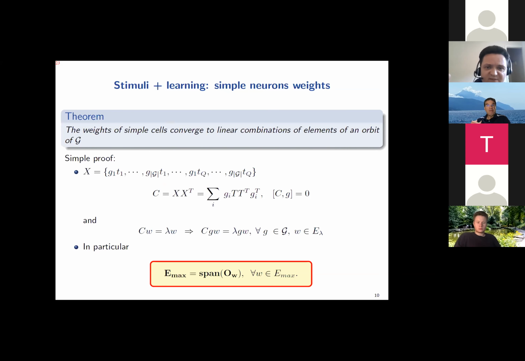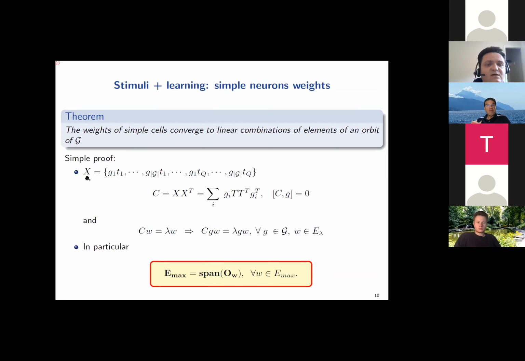You pick up an element there, and you know that each other simple cell will converge to a linear combination of elements of that orbit. So how can we prove it? It is very simple. I'm just showing you the proof here because I think it's instructive, and to give you the idea that is behind it.